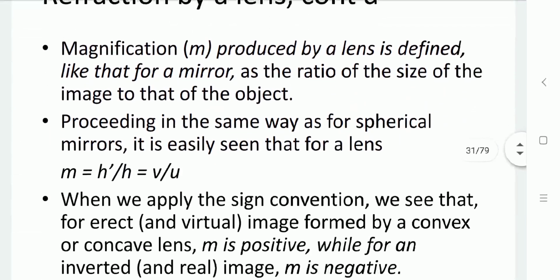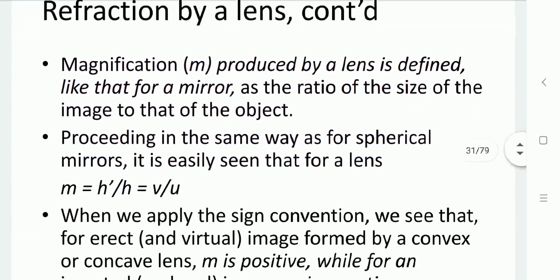If we want to calculate the magnification, that is the amount by which the image will be larger, this magnification by the lens can be defined like for a mirror as the ratio of the size of the image to the object.